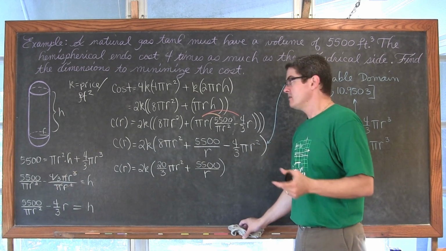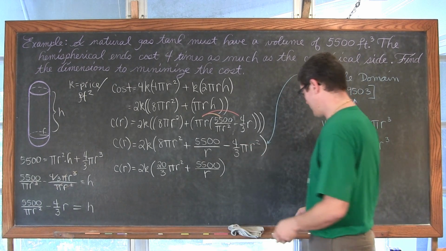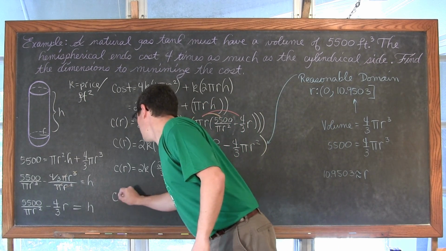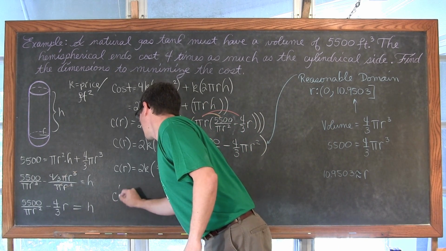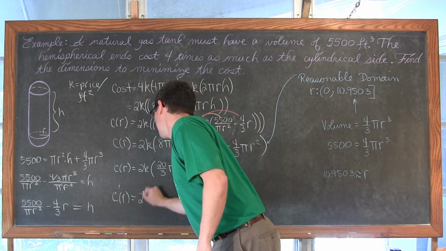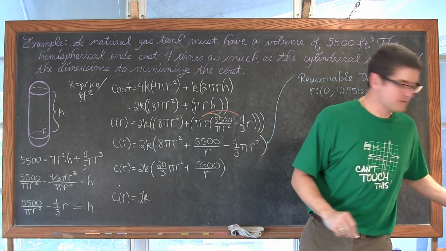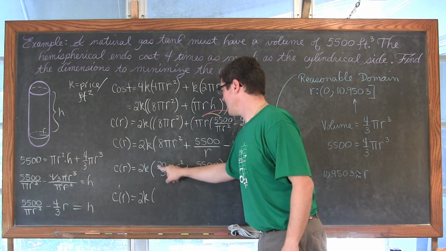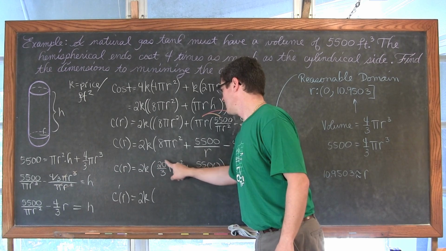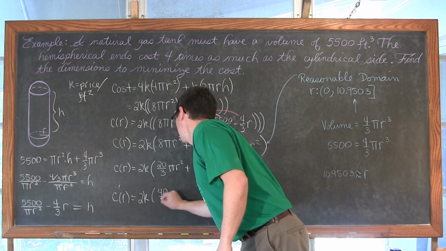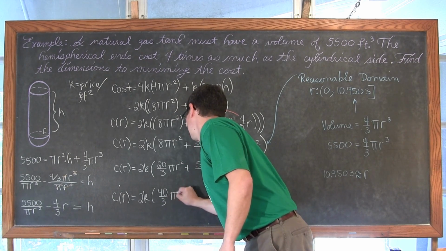Okay, but getting all that, we need to find the first derivative. So C prime of r, the first derivative, is going to be equal to 2k times the derivative of the inside function. We've got 2 times 20 over 3, which is 40 over 3 pi r.